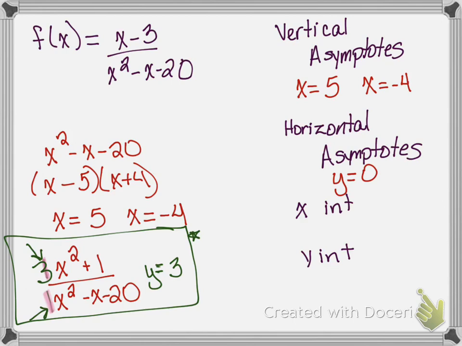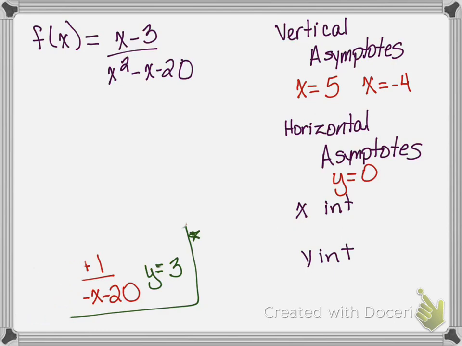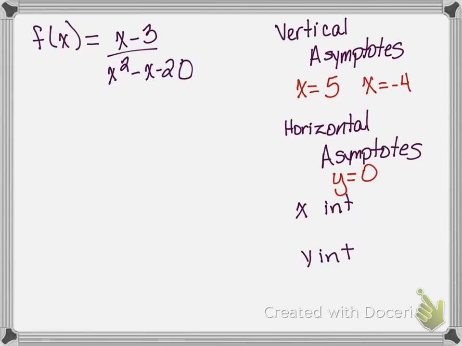Now, how do I determine my x-intercept on a rational function? Do I look at my numerator or my denominator or neither? Numerator. So, to determine my x-intercept, I set my numerator equal to 0.